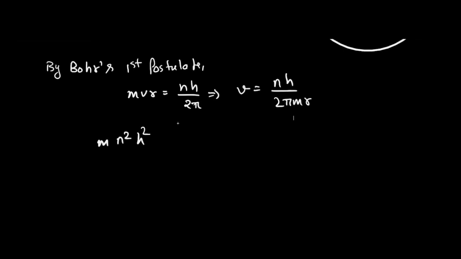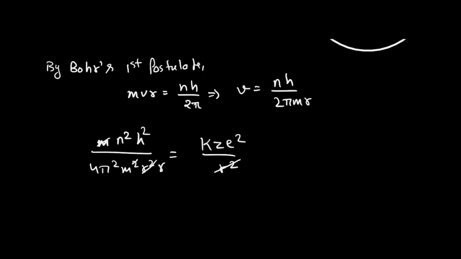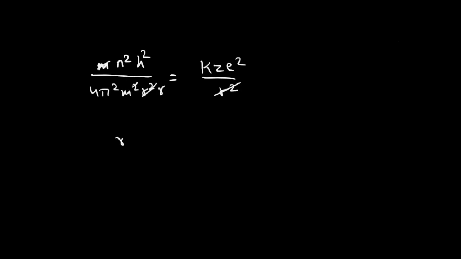m n square h square divided by 4 pi square m square r equals kze square by r square. Here r square will be cancelled out, m will also be cancelled out, and on rearranging this equation, we finally get r equals n square h square divided by k z e square 4 pi square m.